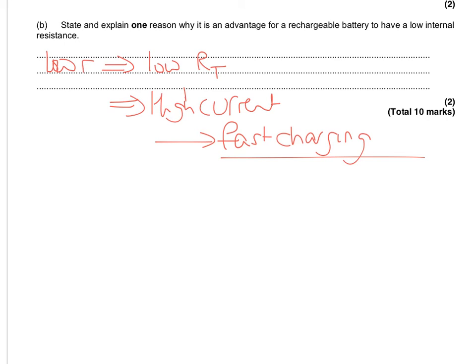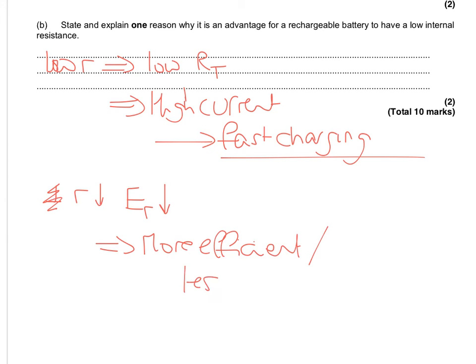Another thing you could think about is, if we talk about your R being decreased, that means the energy lost across R is going to go down, which means you have a more efficient or less wasteful system there.